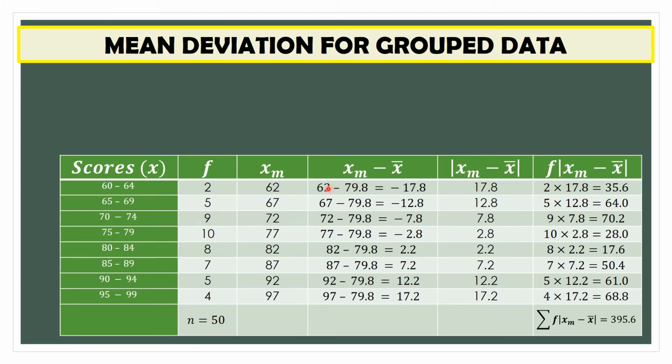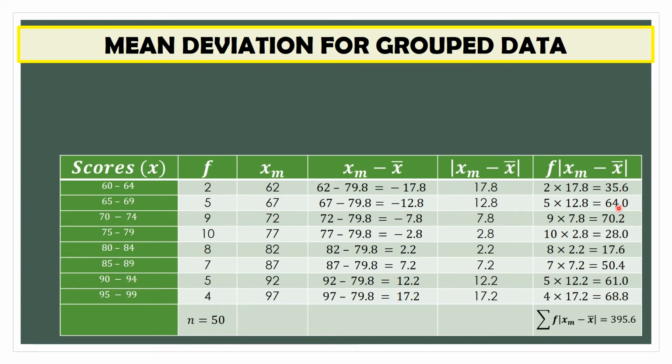So, as you can notice, in this column, we have 62 minus 79.8, where 79.8 is our mean, which is equal to negative 17.8. Then, this column is the absolute value, the positive. Then, this is the frequency and the answer in this column. So, the answers here are 35.6, 64, 70.2, 28.0, 17.6, 50.4, 61.0, and 68.8.